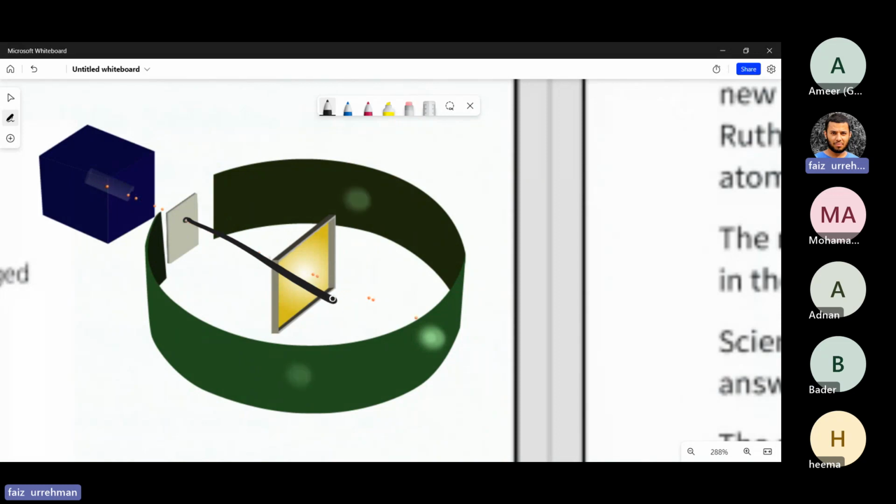Why? Because these particles are not big like marbles or M&Ms. They are very, very microscopic particles, you can't even see them with your own eyes. So they can easily pass through the gold foil, because they are so small and there is a lot of empty space in an atom.